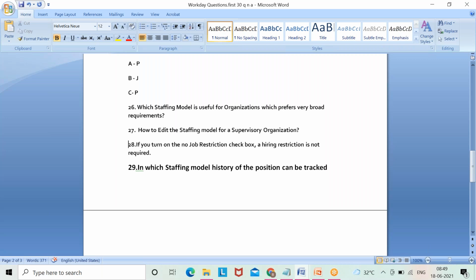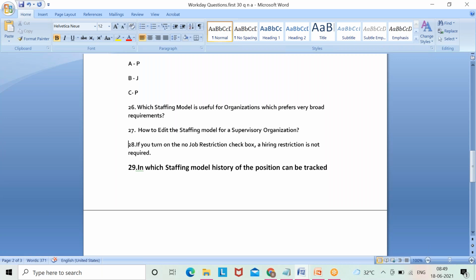We are trying to open a position with minimum details. Whenever we are in uncertainty, not sure what restrictions or details we need at this moment, and we only have limited data like position or job and title, then we can go with no job restrictions. Later, at any given time, once you get the full information, you can set the restrictions.